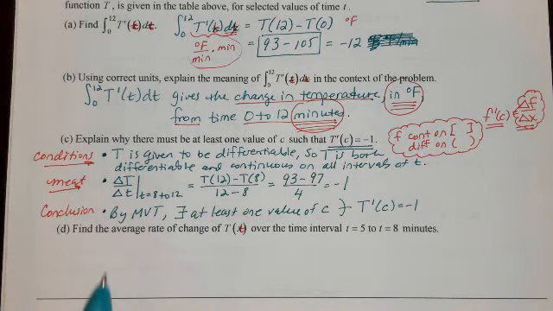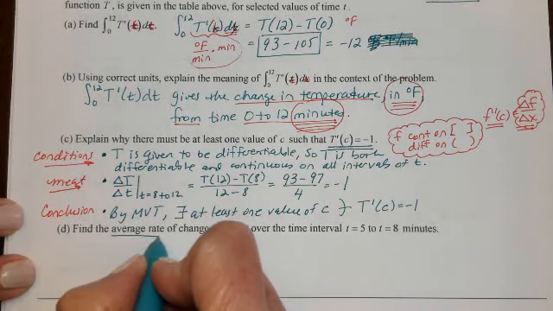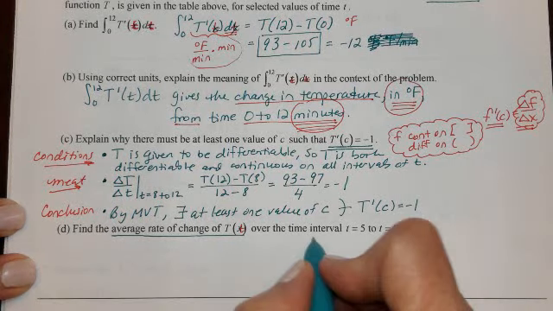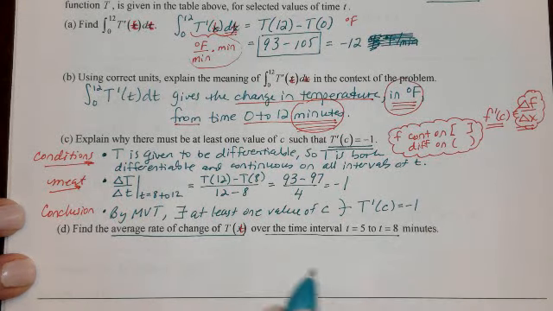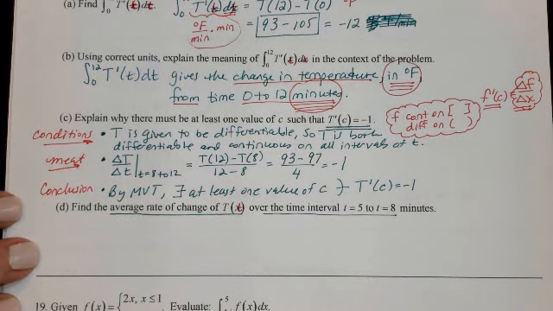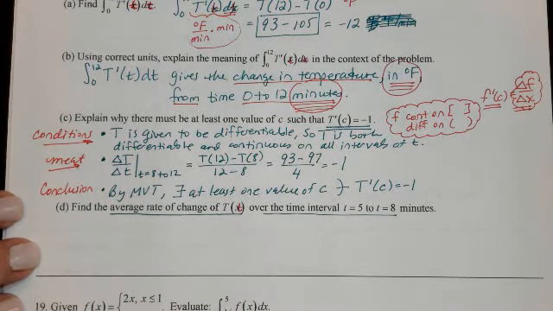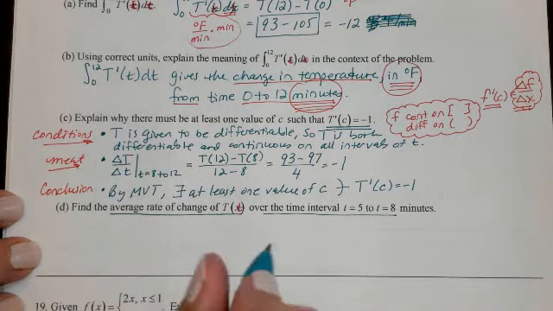Okay, part D. Find the average rate of change of the temperature over the time interval from 5 to 8 minutes. The average rate of change. Well, I can think of this in 2 different ways, but they're both going to yield the same thing.